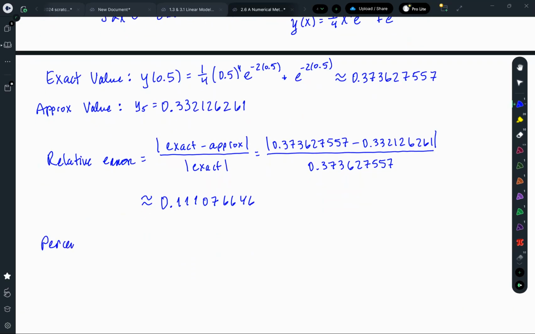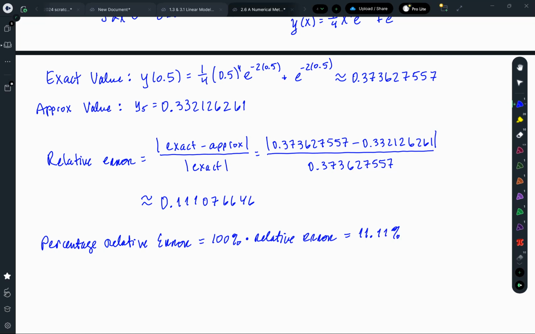So percentage relative error is just equal to 100% times the relative error, which in our case will give us 11.11%.